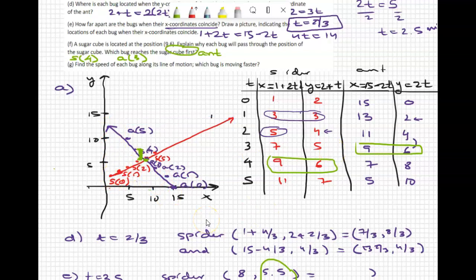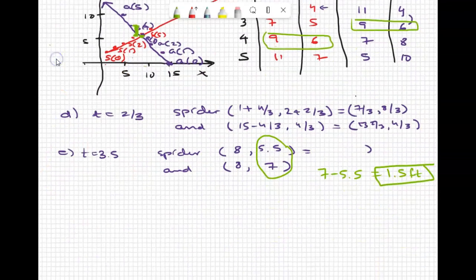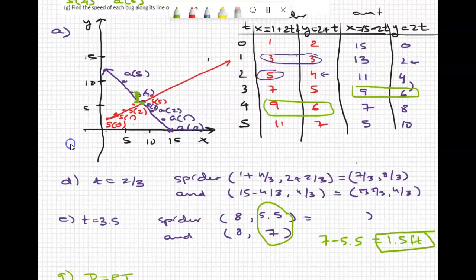We can figure out the speed using distance equals rate times time. So the rate is distance over time. Since they're going along a straight line, the speed is going to be constant. It's basically the slope of the line.